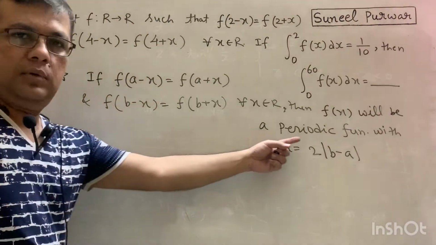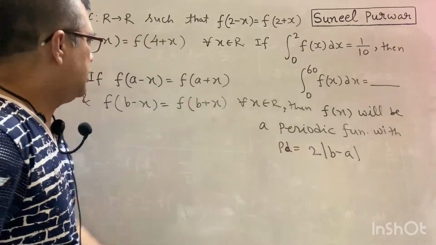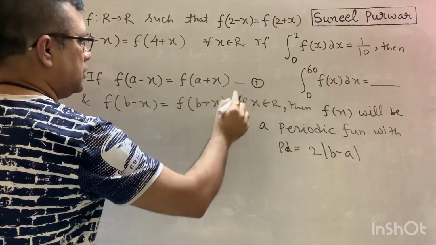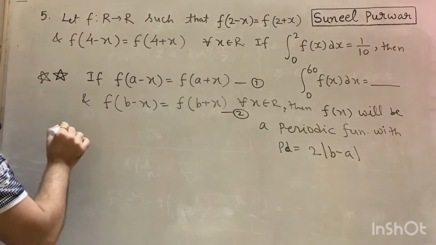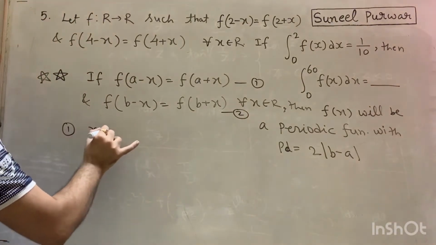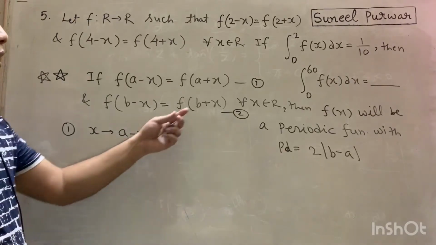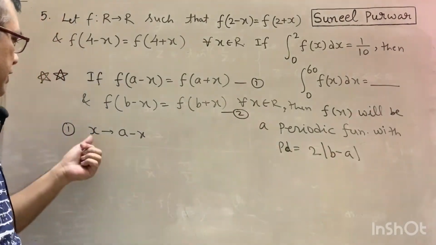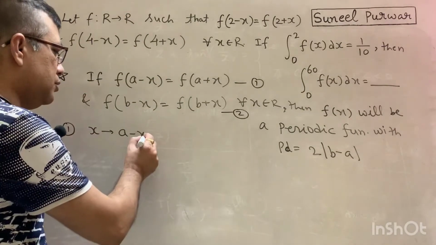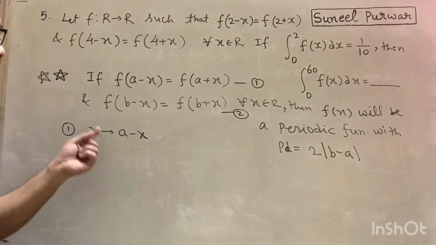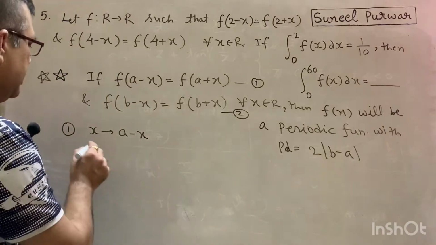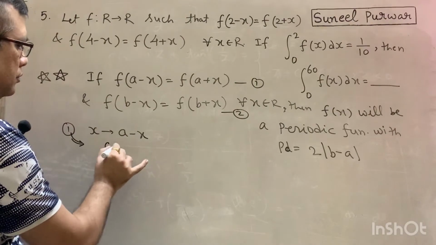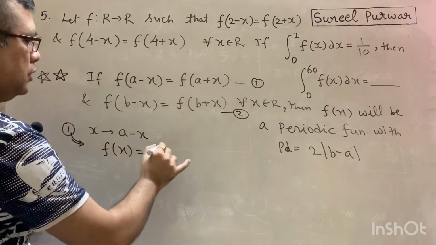How it is happening, you can understand. Now, let's say this is the first relation and this is the second relation. In the first relation, you replace x by a minus x first of all. After all, these relations are given to be true for any real number x. So if x is a real number, a minus x is also a real number. So replace x by a minus x, you get f of x is equal to f of 2a minus x.